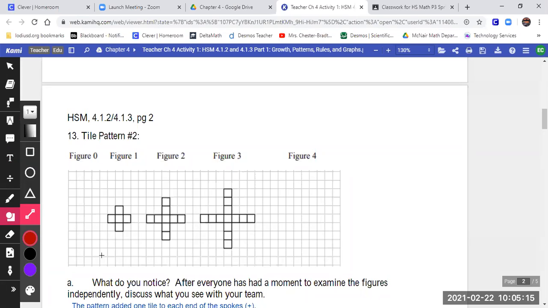Just a single box because it's not a plus sign yet, right? That's a line, not a box. Gosh, I hate that. Box. Just a single box. Because then in figure 1, they added to make the plus, right? So what is figure 4 going to look like? And I should see everybody working this pattern too.